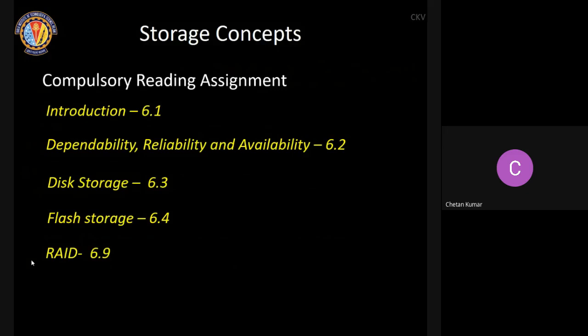It will mostly be theory, not very conceptual. It talks about how disk storage is organized, what RAID is, and flash storage implementations, and so on. For our course, it's not very relevant, at least as an architecture course, so you can go through it on your own.